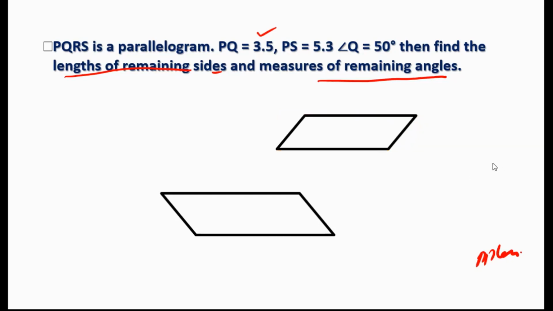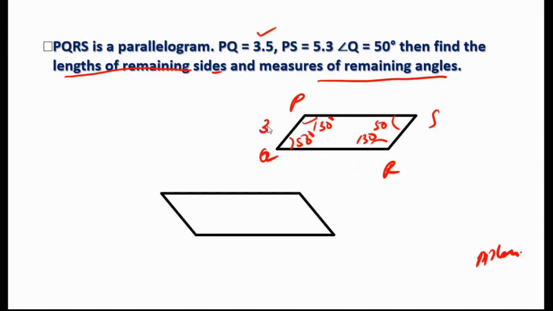If I write that PQRS here, PQRS, this is 50 degree, this is 130 degree, this is 50 degree, this is 130 degree.